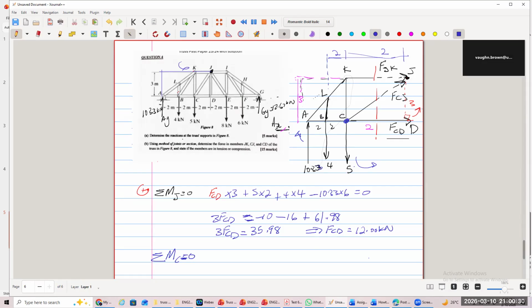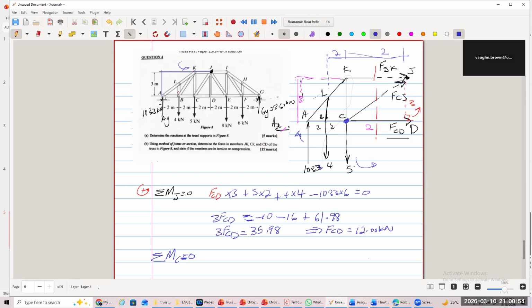And FCD is gone, and FCJ is gone. Did we find FJK yet? We didn't find it by this method, so we're going to show you how to find it. So FCJ and FCD are out of the problem, so FJK alone would be left. So let's do it.